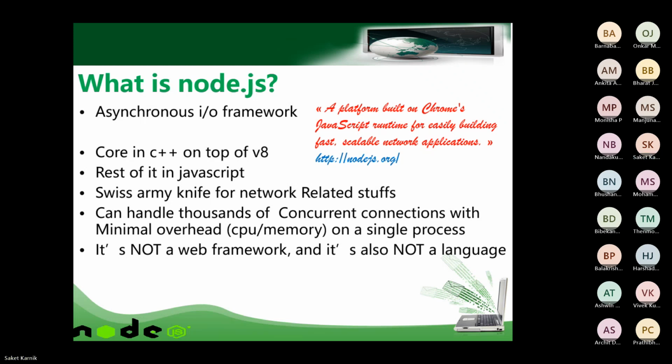With real life things, if we compare, it was like a Swiss Army knife for network related programming. So multiple tools in the same kit, which basically allows you to do many things. That's why it is being compared with a Swiss Army knife. It can handle thousands of concurrent connections with minimal overhead on a single process.